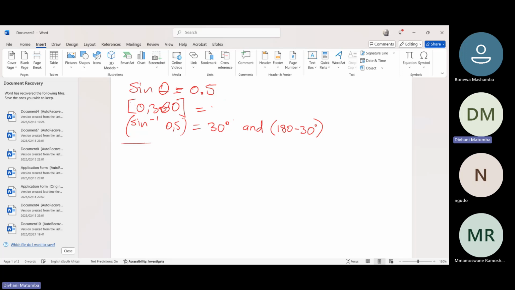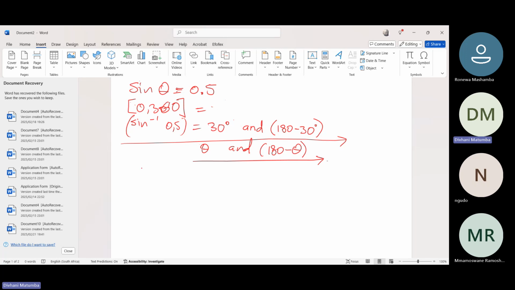This always applies when you're dealing with sine graphs and when you are trying to find the general solutions. So the solution is always the angle and 180 minus the angle.